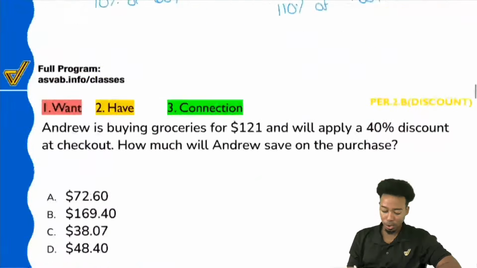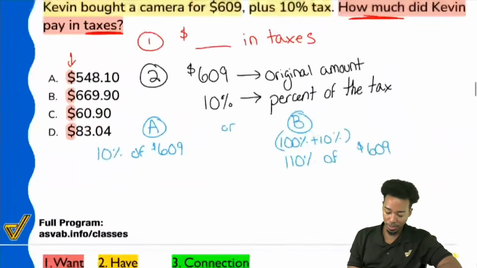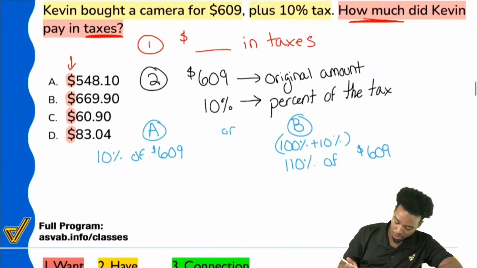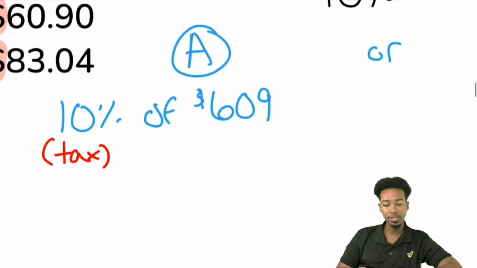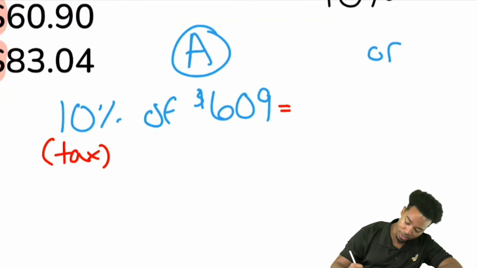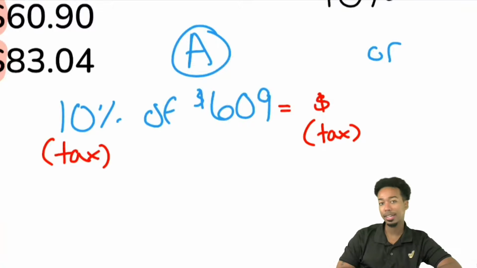So let's understand what these percents represent. Everybody, the 10% here, this represents the percent of the tax, correct? Yes or no? The 10% there, that represents the tax, right? So what that means is when you solve this, this is going to represent the dollar amount of the tax.